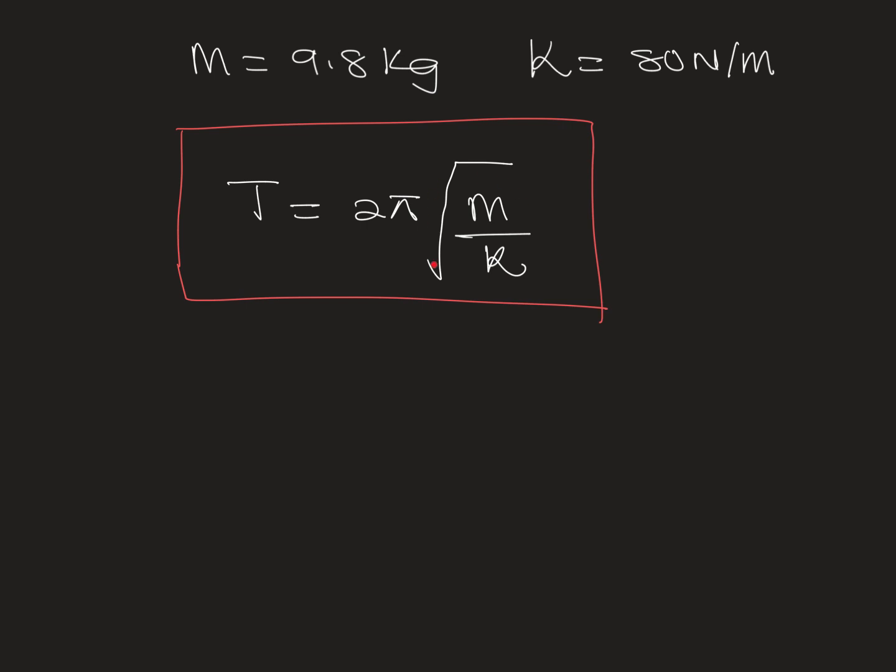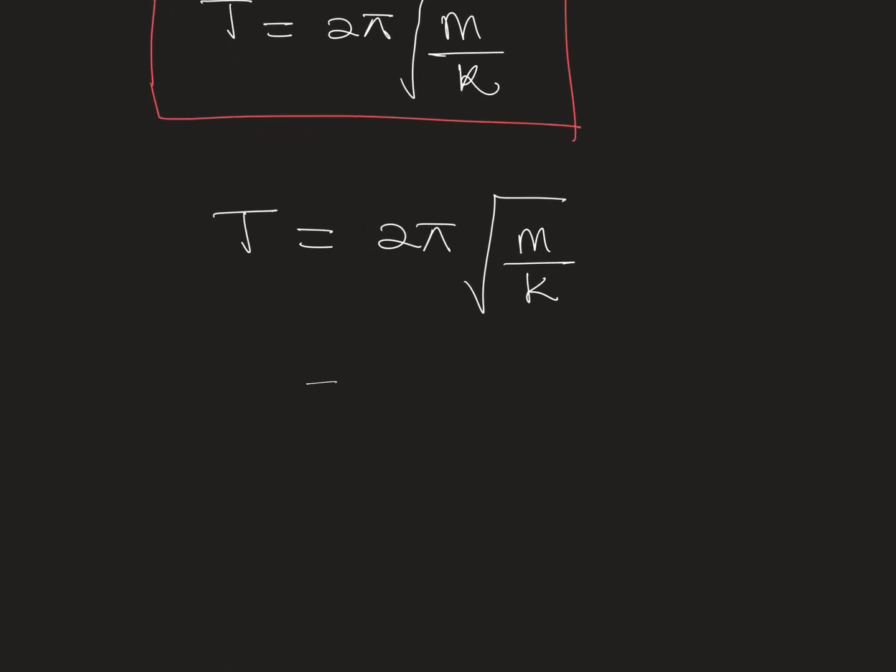You should be careful to know where k is a numerator and where m is a numerator for the different formulae of the spring mass system. Using T is equal to 2 pi square root of m divided by k, that will be 2 pi, the square root of the mass, 9.8 kilograms, divided by the spring constant, 80.